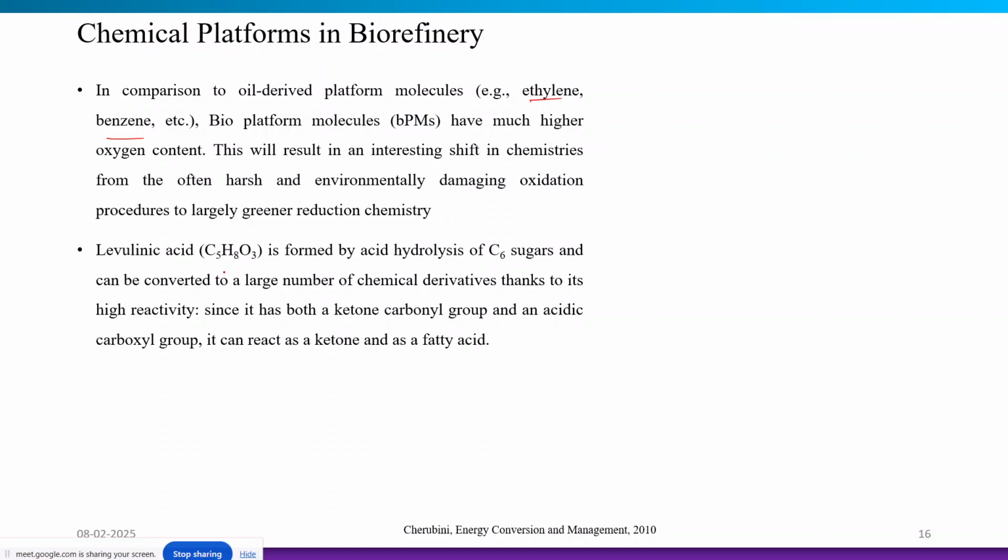Levulinic acid is formed by the acid hydrolysis of the C6 sugars and can be converted into a large number of chemical derivatives, thanks to its high reactivity. Since it has both a ketone carbonyl group and an acidic carboxylic group, it can also react with ketone and fatty acid.